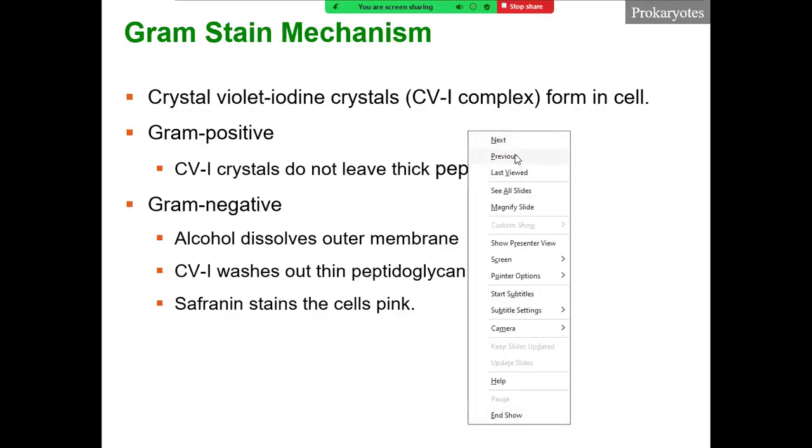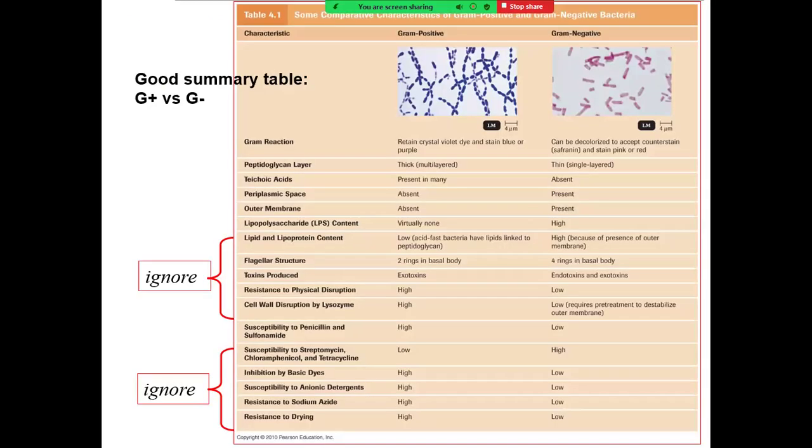Actually, let's go next. So here's looking at the gram-positive cell wall compared to the gram-negative cell wall. You can ignore the lower portion of this table. The gram-positive retain the crystal violet iodine complex, keeping the cell purple, and the decolorizing step does remove the crystal violet iodine complex in the gram-negative.